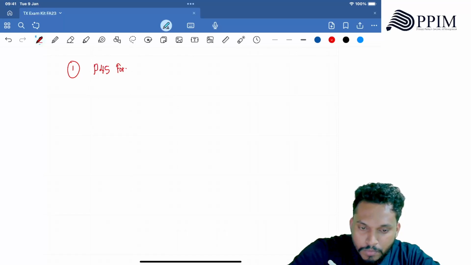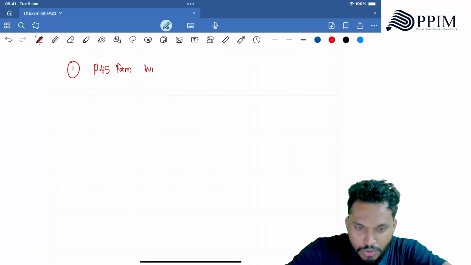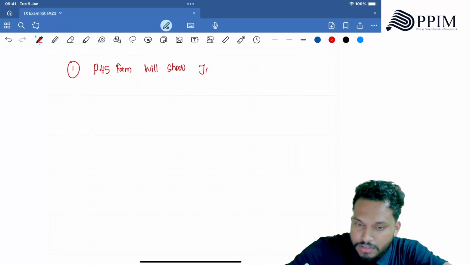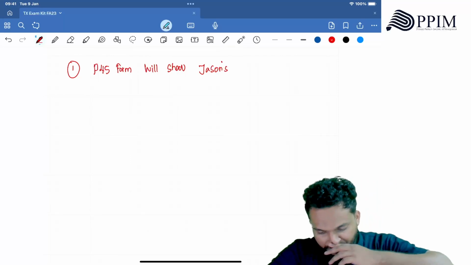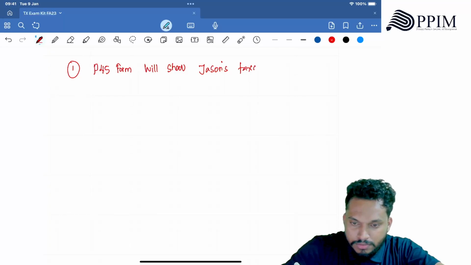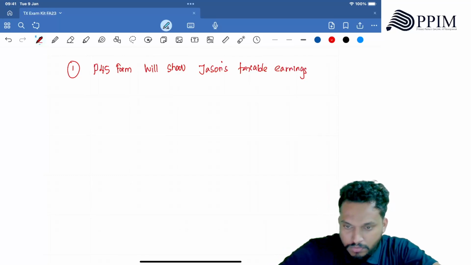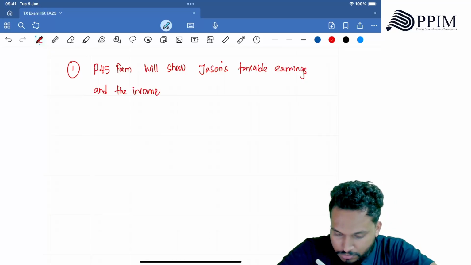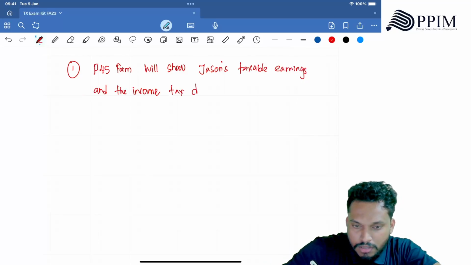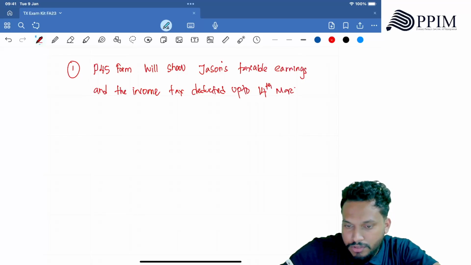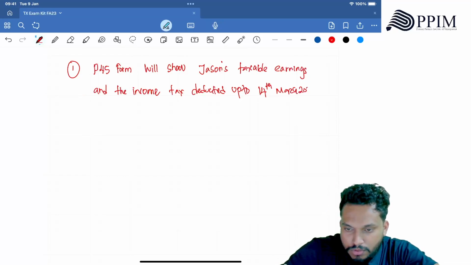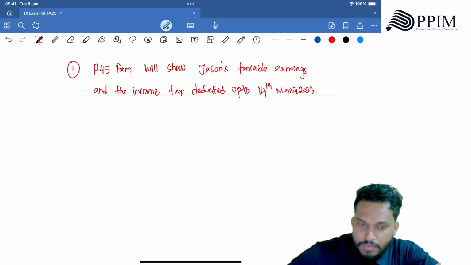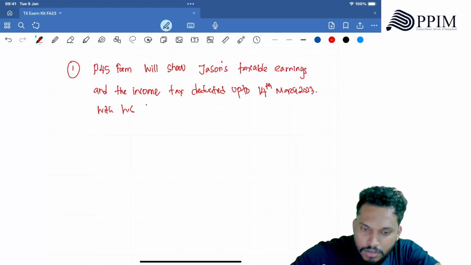The P45 form will show Jason's taxable earnings and the income tax deducted up to 14th March 2023, with his tax code.